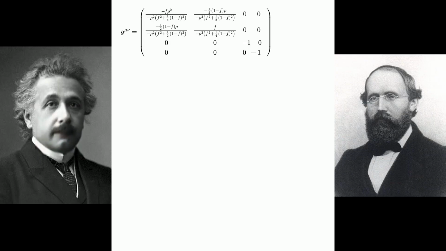Row 2: column 1, the fraction with numerator negative 1/2 times (1 minus f) times rho and the same denominator; column 2, the fraction with numerator f and denominator negative rho squared times f squared plus 1/4 times (1 minus f) squared; column 3, 0. Row 3: column 1, 0; column 2, 0; column 3, negative 1.